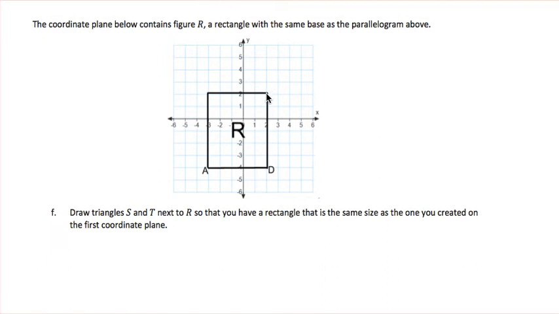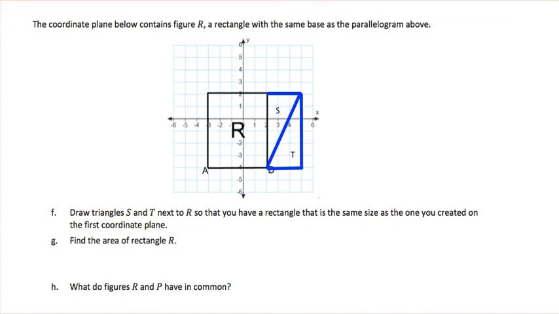So what I'm going to do is draw the two triangles on this side to create a larger rectangle that is actually the same size as the one we created on top. And we're asked to find the area of rectangle R. So rectangle R is 5 units by 6 units, and it is 30 square units.